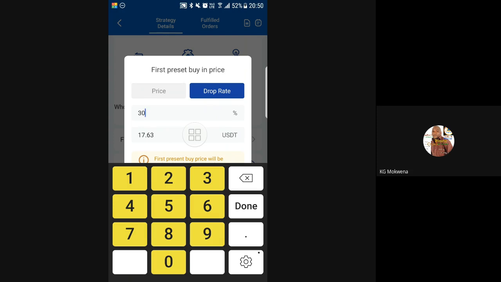I think it's huge, business partners. So let's rather stick to around maybe 25%. With this, business partners, I think something can happen around $18.95. So this is going to also help you in terms of decision making. So you see, a 25% drop means this will be around 18 or so.